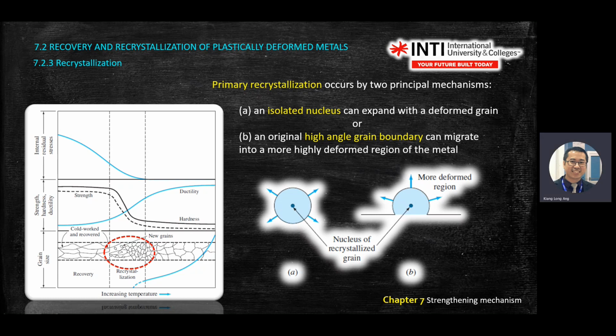So how does primary recrystallization happen? Or if you see the question, explain the mechanism of primary recrystallization, what we expect is that you draw these two diagrams and then explain. One is chicken pox, you grow on the chicken pox itself, you expand. Another one is you find a space and then it grows from the space there.